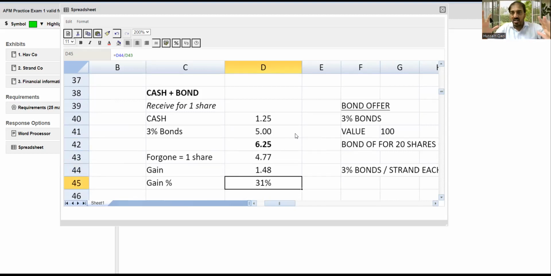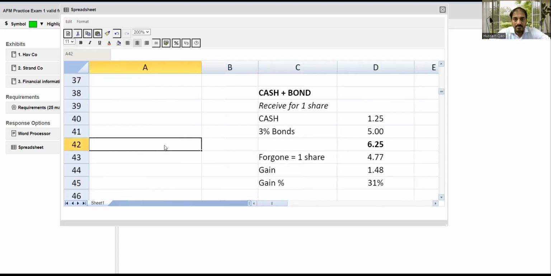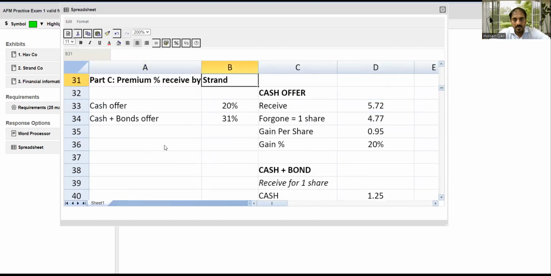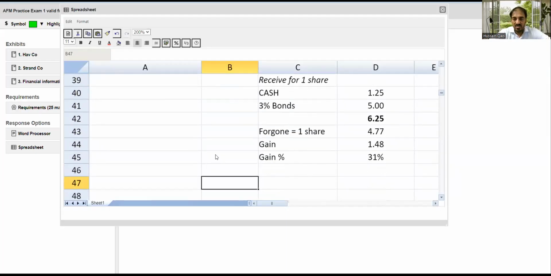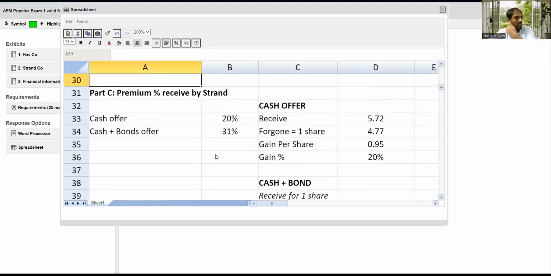I hope it is now clear to all of you. Is that clear now? Okay, thank you very much. So this is about the cash offer 20% and the bond offer 31%.